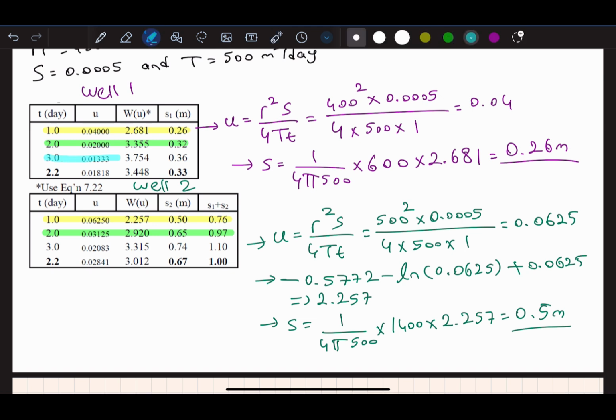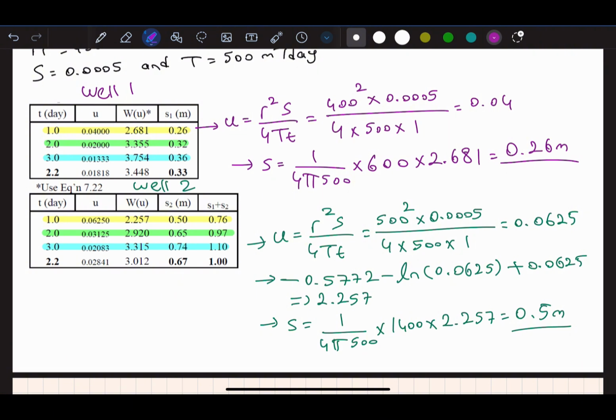So we are very close to 1, but we need to do some more iterations. Let's try day 3. And as you can see, we have 0.36 and we have 0.74 from well 1 and well 2, respectively. And it gives 1.1 meters, which is higher than what we need. So again, we need to change that.